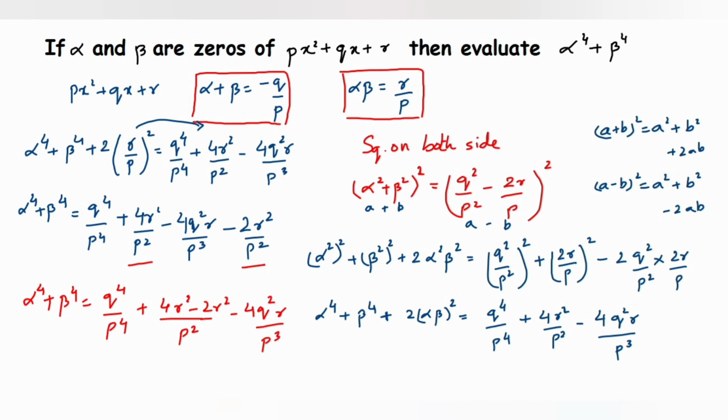Now we'll just solve the numerator and then we'll get the answer. So alpha to the power 4 plus beta to the power 4 is equal to q to the power 4 upon p to the power 4 plus 4r square minus 2r square, which is 2r square upon p square, minus 4 q square r upon p cube. That's it. This is the value of alpha to the power 4 plus beta to the power 4.